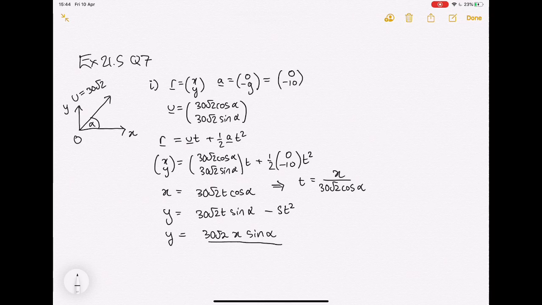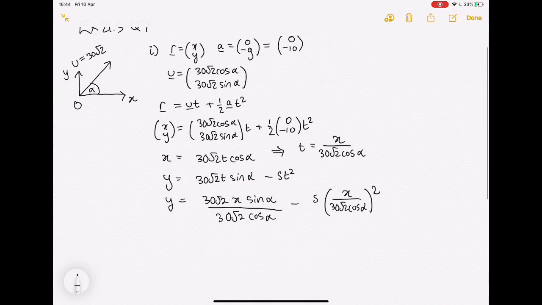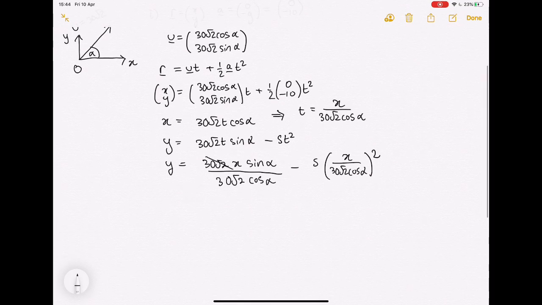Putting that in here, we get y equals 30 root 2 times x times sin alpha over 30 root 2 cos alpha, minus 5 lots of x over 30 root 2 cos alpha all squared. We do a bit of simplifying. The 30 root 2's cancel, and sin alpha over cos alpha is tan alpha, so this is x tan alpha.